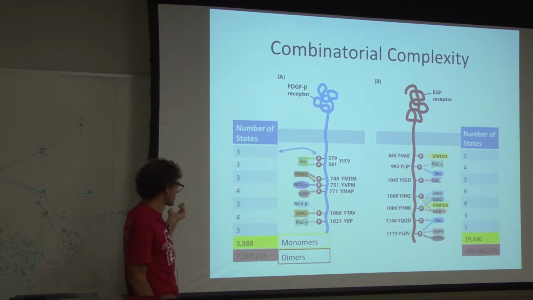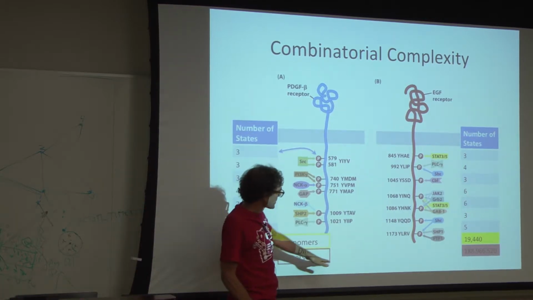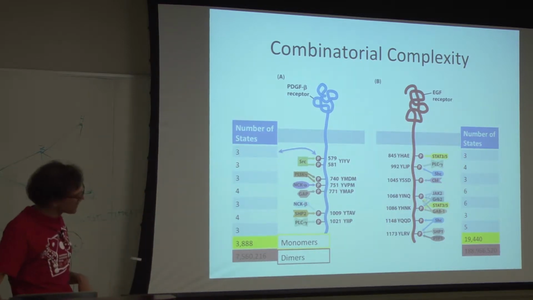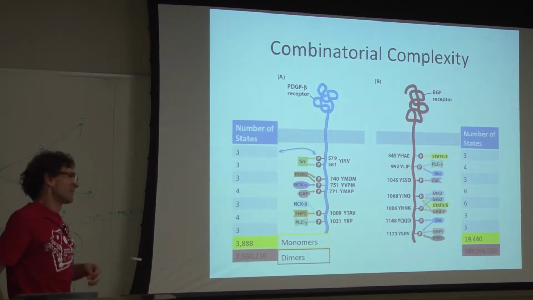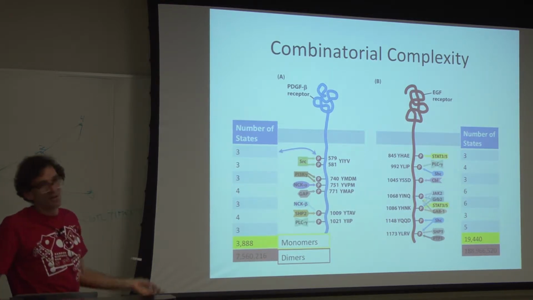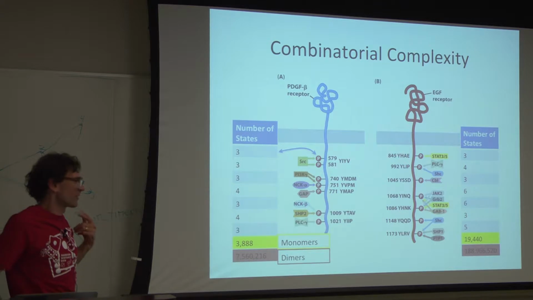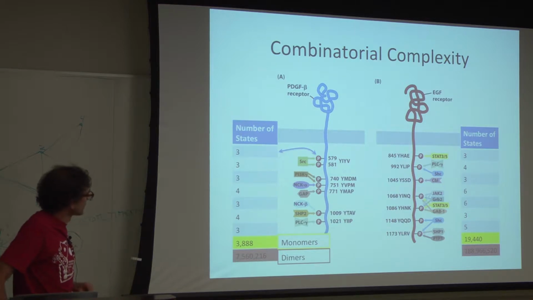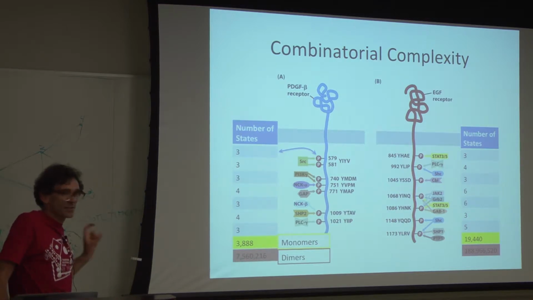Higher order oligomers are possible. So you just have huge numbers of species. And so it's really typical. This is not just the pathology of CAMK2 or the pathology of EGFR or the pathology of the T cell receptor or of the B cell receptor, it's everywhere. It's true in bacterial signaling as well, although that complexity is usually abstracted away conveniently.